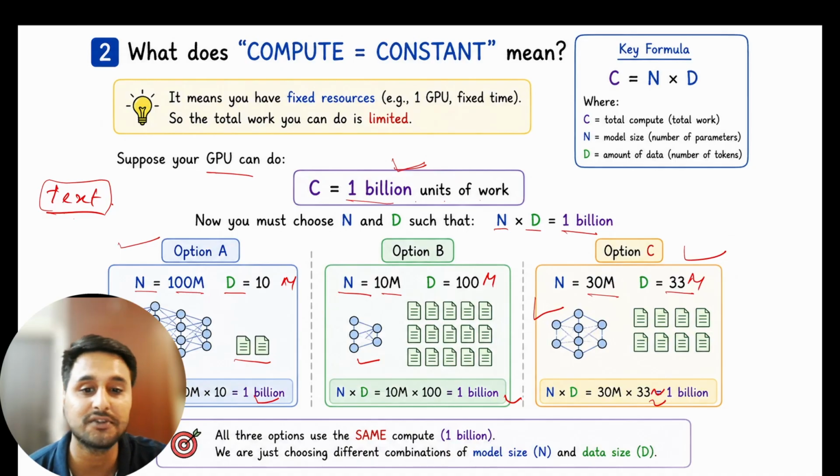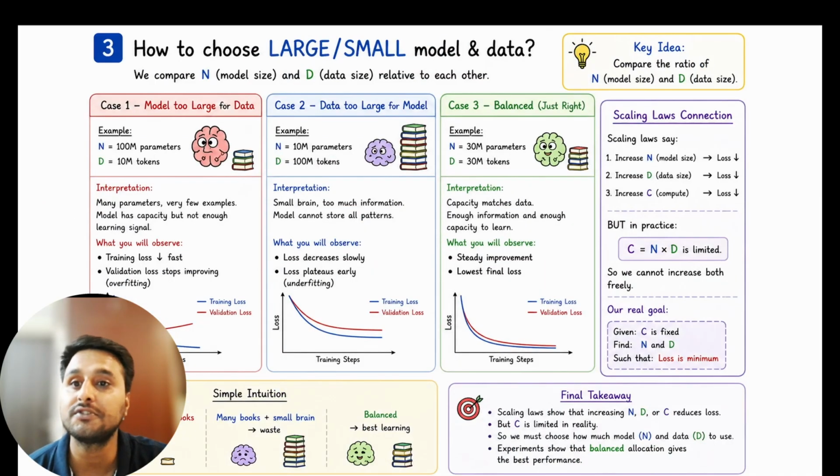So those are all three options. I already explained case 1, case 2, and case 3. We will go with the balanced approach, case 3, because capacity matches data: enough information and enough capacity to learn. And we will observe steady improvement during training. This is basically loss.